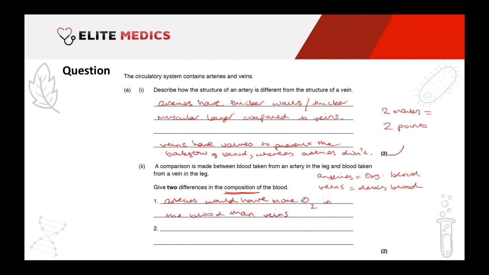Okay, that's the first point. Now, again, like the first question, we can't then just say the reverse of that. So veins would have less oxygen in the blood than arteries. That's not making a different point. It's exactly the same point, just the converse.